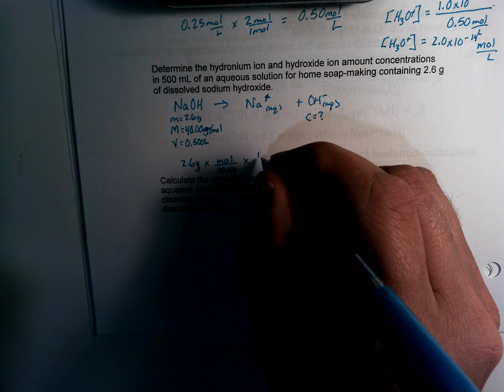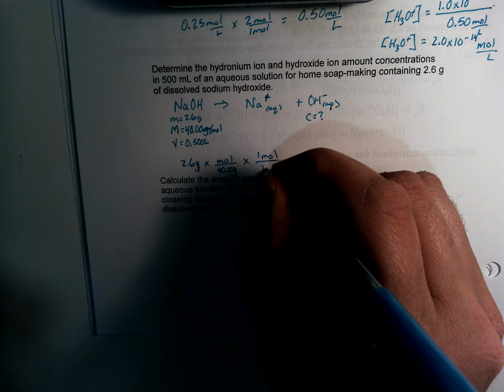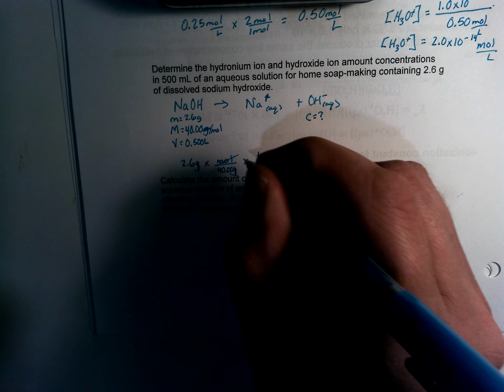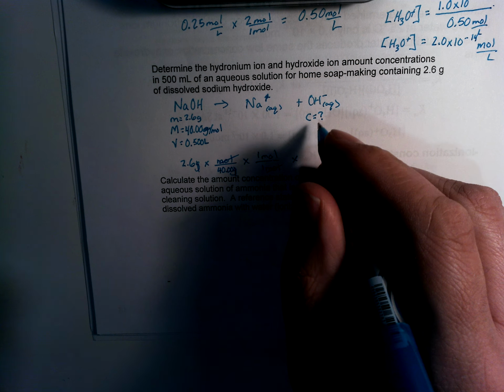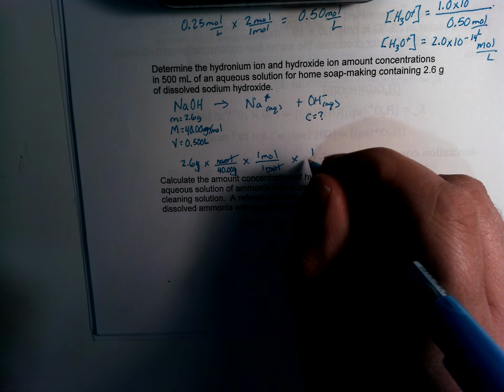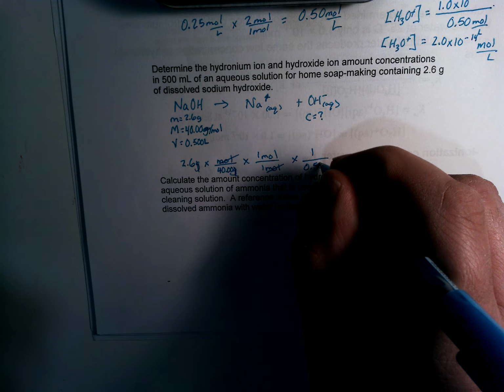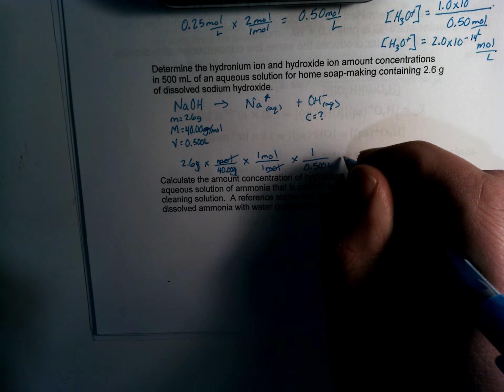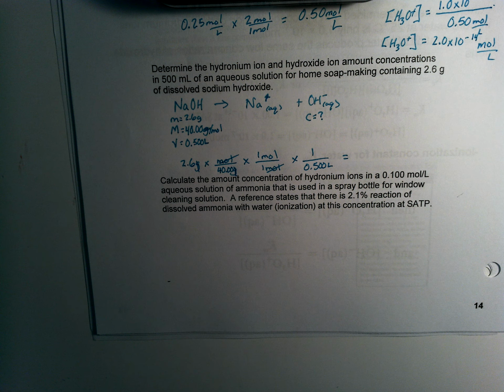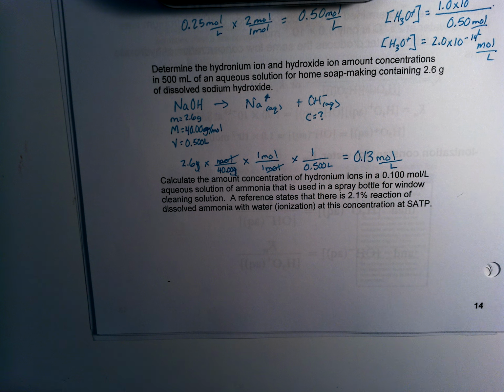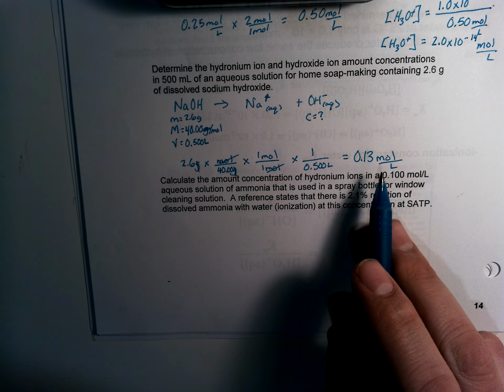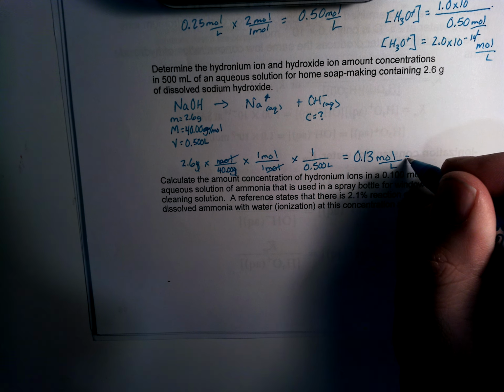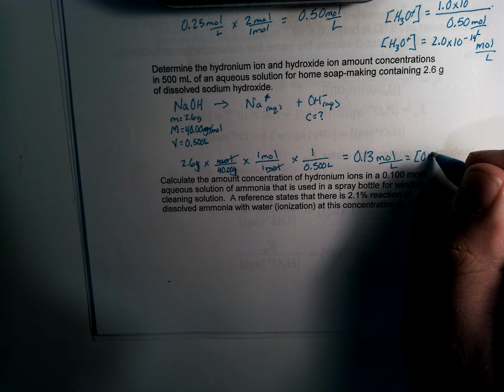So we're going to times it by our 1 mole over 1 mole. That cancels with that. Okay, we want moles over liters to get concentration. So we're going to go 1 over 0.500 liters. And we'll calculate our concentration of hydroxide. Okay, 0.13 moles per liter.